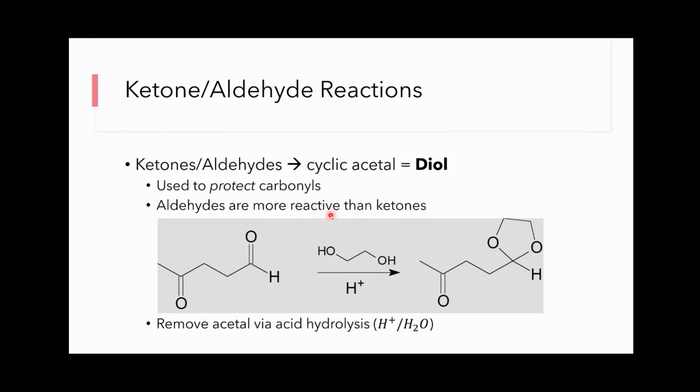In this case, we want to protect this aldehyde. If we have an aldehyde and a ketone in one molecule, it will react with the aldehydes more readily. So here we could protect that aldehyde, and we can remove this acetal with hydrolysis.